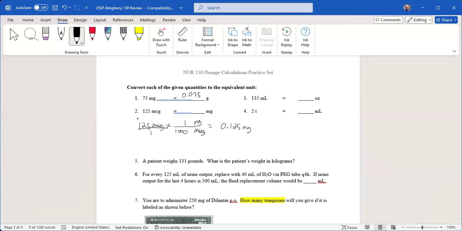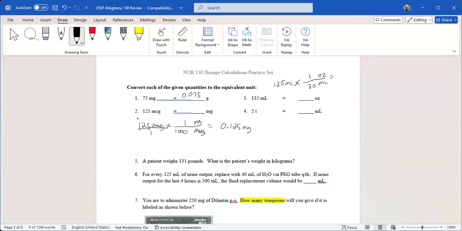Now, where I might need to round might be in something like this, the 135 milliliters to ounces. When I'm converting milliliters to ounces, again, I'm always going to show you dimensional analysis just because it helps with organization in my mind. We know the conversion here that 1 ounce is equal to 30 milliliters. So if I take 135 divided by 30, I am going to get a decimal answer, I think.